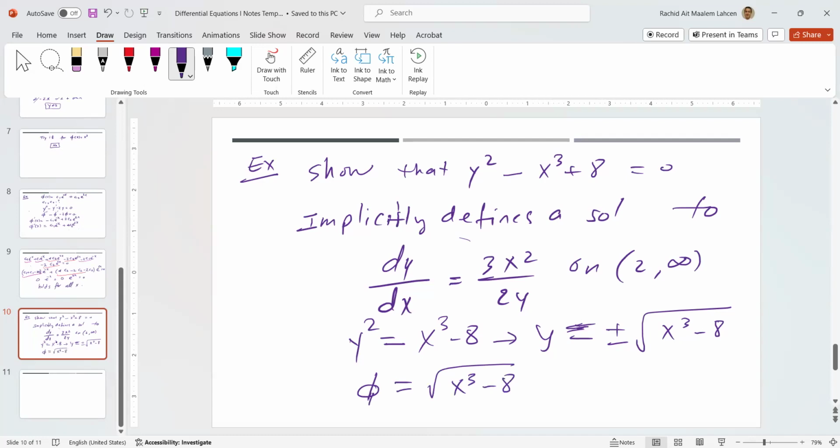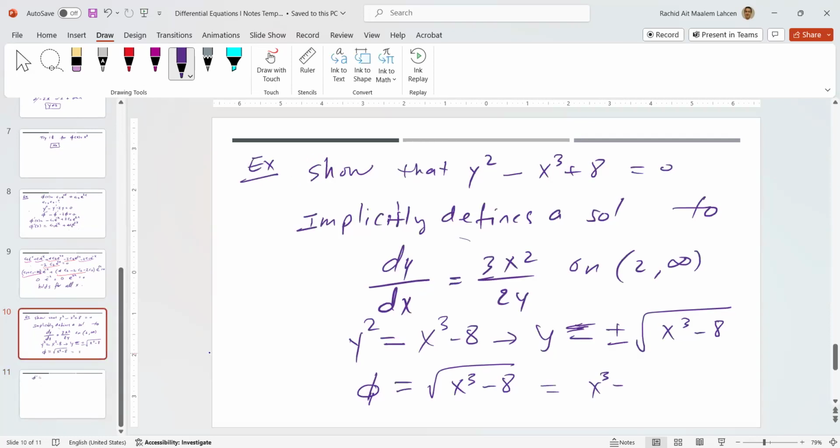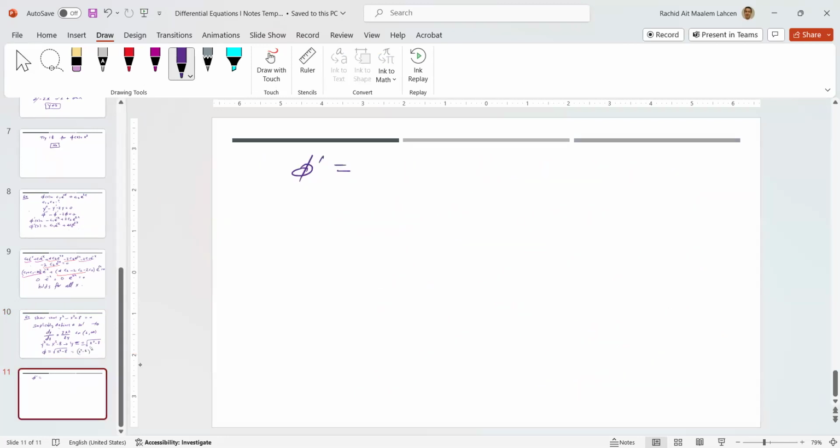And of course, we know how to do the derivative of this. You're going to change this to x cubed minus 8 to the 1/2, and the derivative will be 1/2 times the inside derivative, which is 3x squared, times x cubed minus 8 to the 1/2 minus 1, which is negative 1/2.